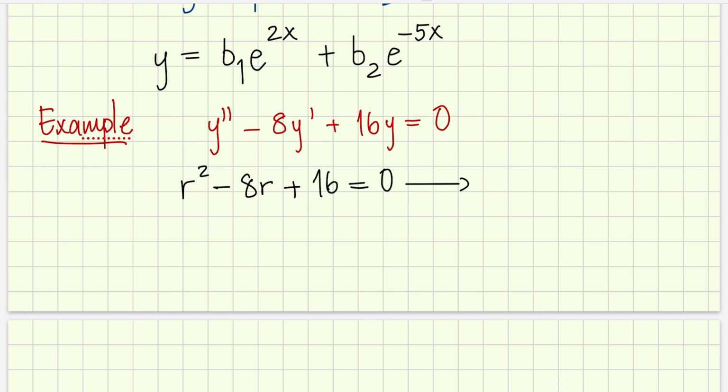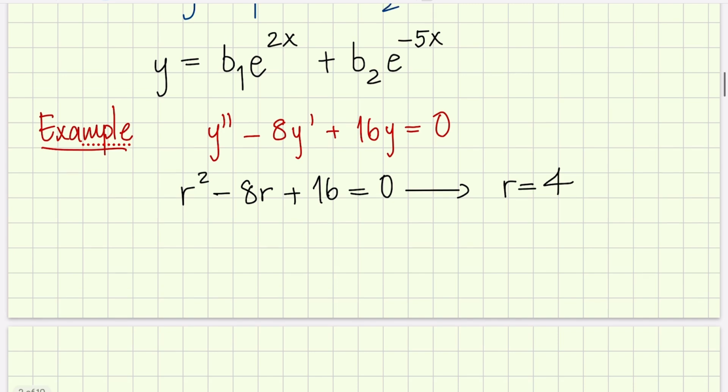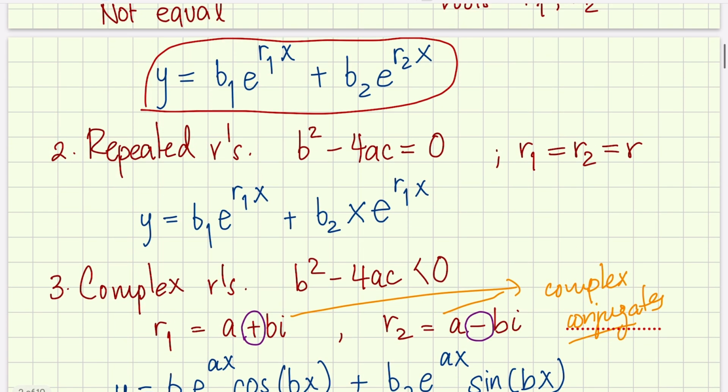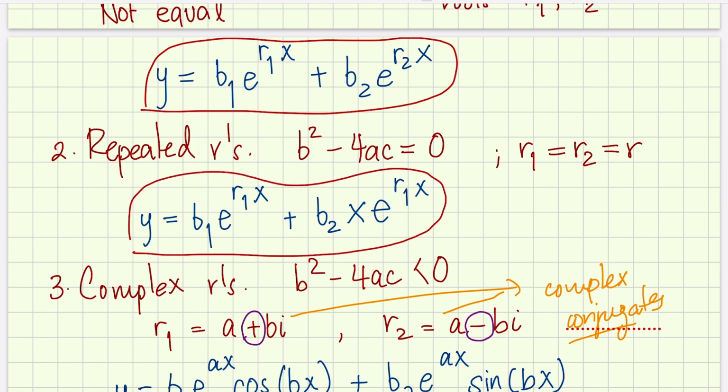Put this in your calculator and you should get only one root, which is r equals 4. Now we have a repeated root, which means our solution should look like this.